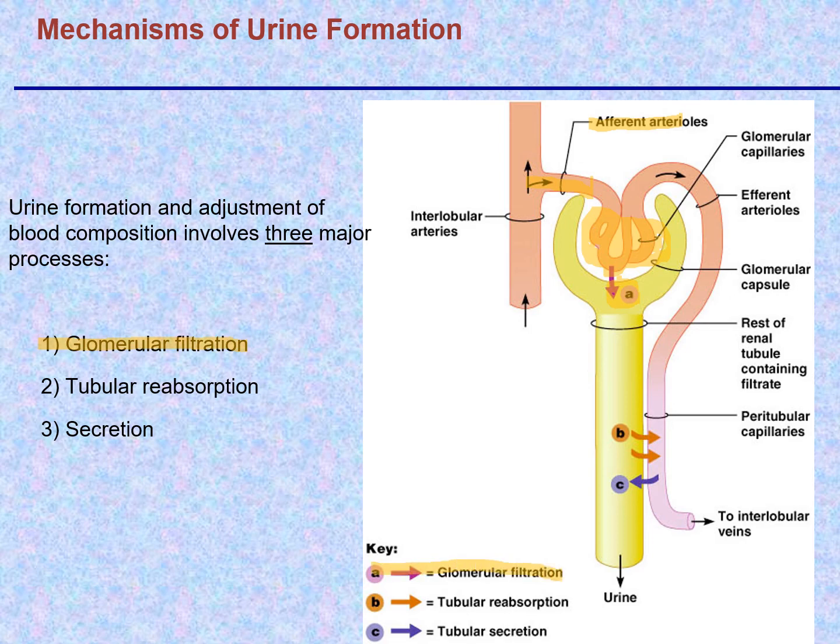That's where the fluid, the filtrate, enters into the tubular system and then progresses through the proximal convoluted tubule into the loop of Henle, and then to the distal convoluted tubule, and finally into the collecting ducts and down the ureters to the bladder, from where it gets excreted through the urethra as urine.